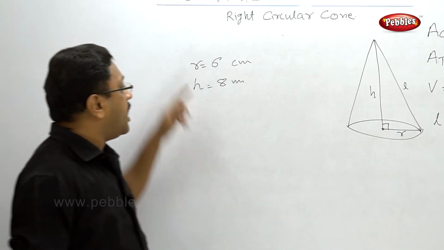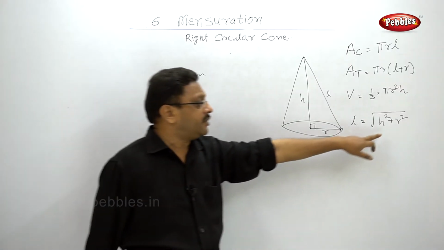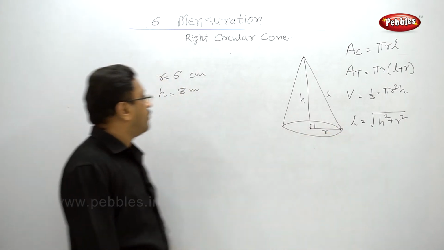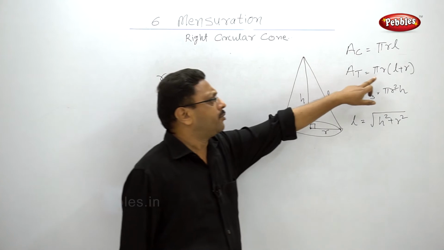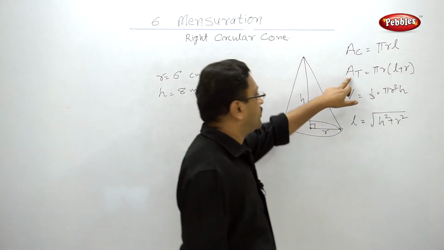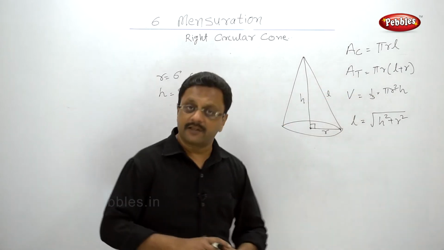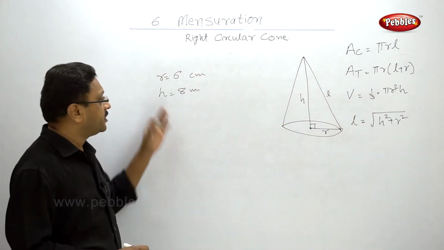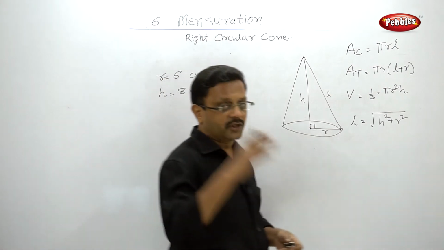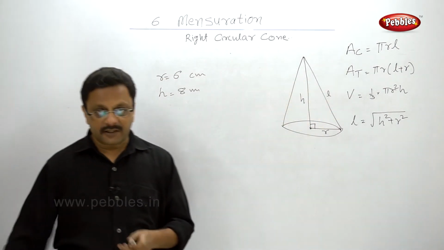So when r and h are given, you can easily find the value of L. Once you get the value of L, just substitute r and L, that's all, and you will get the total surface area. Very simple in this case. So please solve this example, pause your video here and find out the answer. Also check your answer. Let us see one more example.